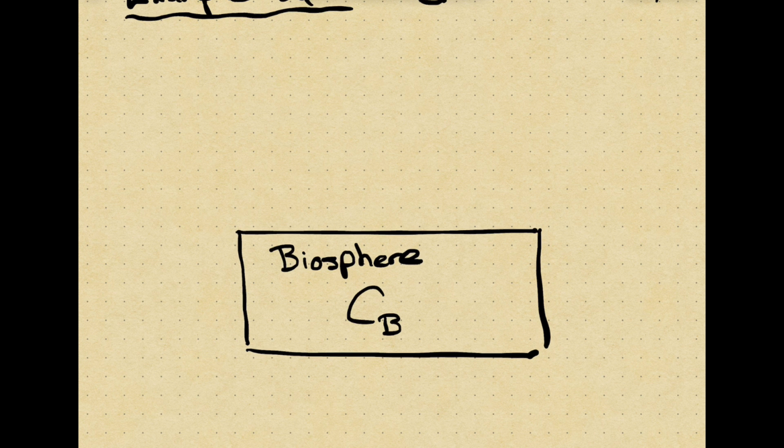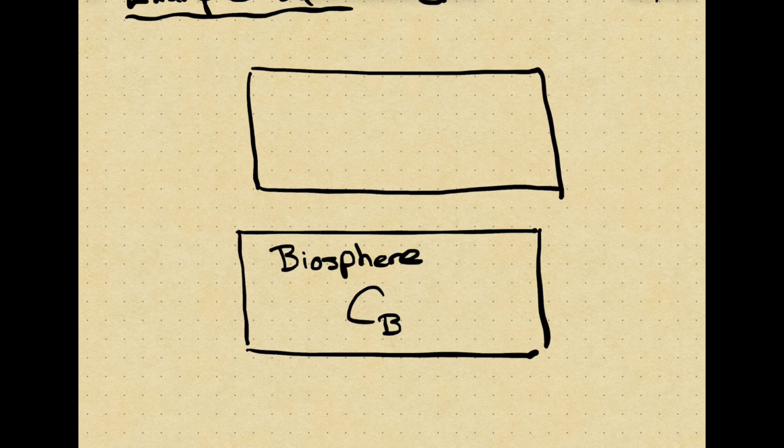And then the other reservoir that we will have is the atmosphere. And how might we label the carbon in the atmosphere? C sub A, right? It's as easy as it sounds, okay?